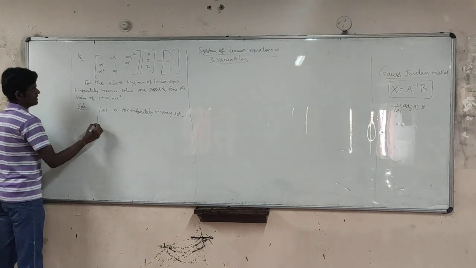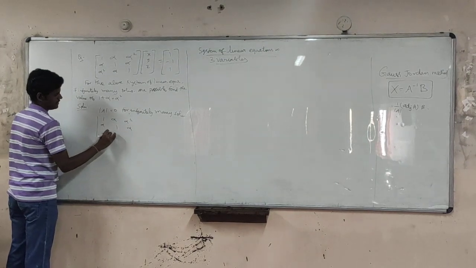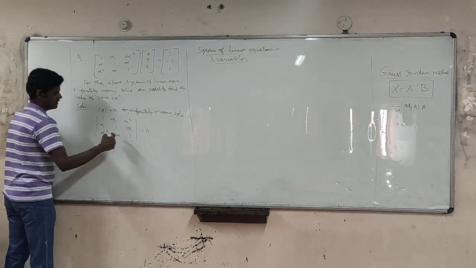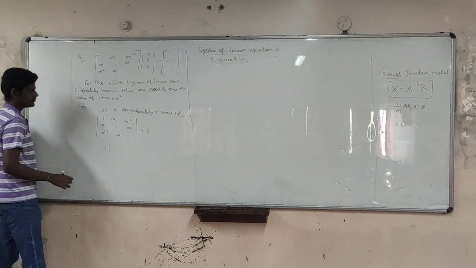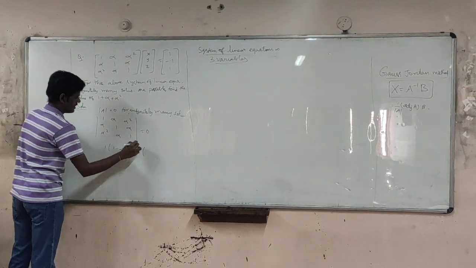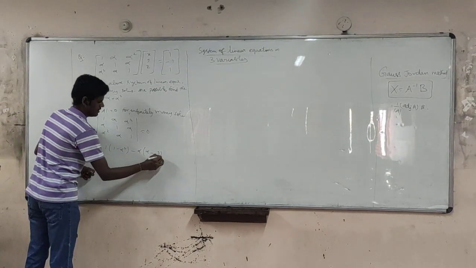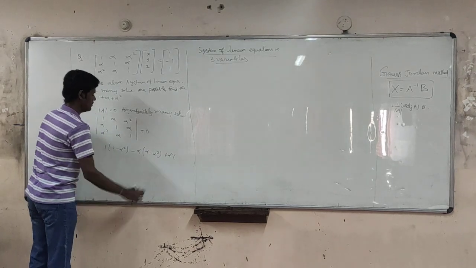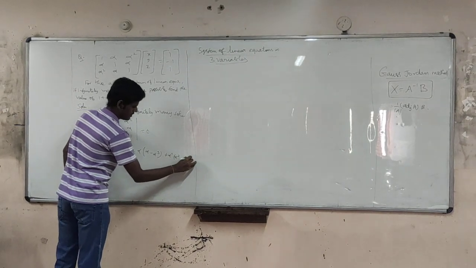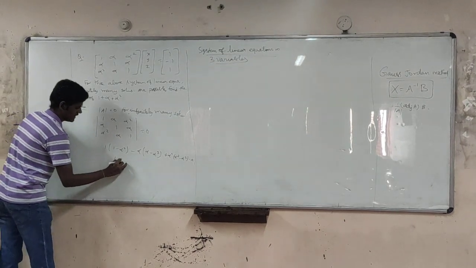So that means the determinant of [1 alpha alpha square; alpha 1 alpha; alpha square alpha 1] equal to 0. Now expanding along the first row: 1 into (1 minus alpha square), minus alpha into (alpha minus alpha cube), plus alpha square into (alpha square minus alpha square) equal to 0.